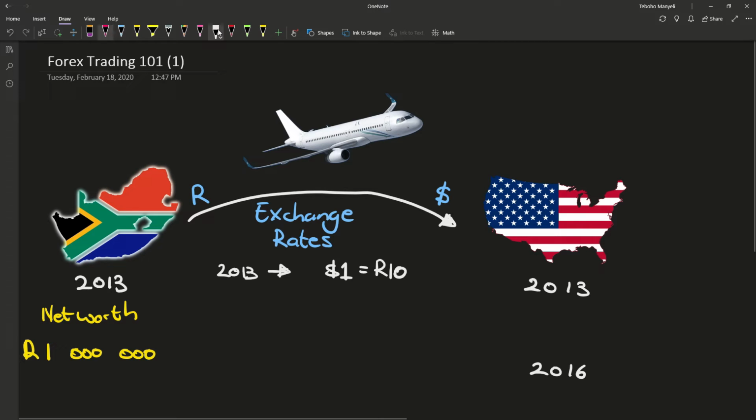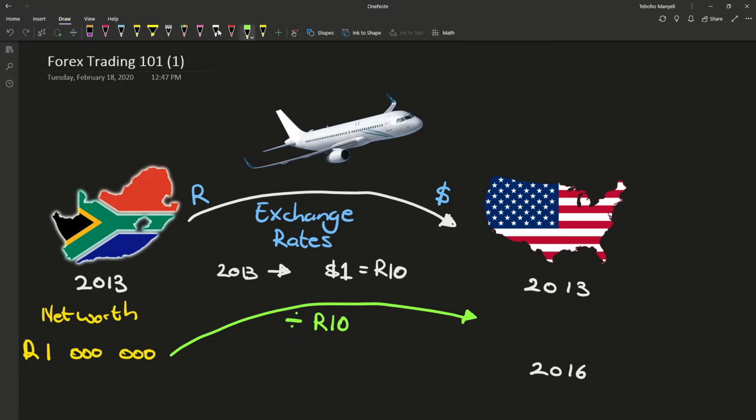Alright? This sort of meant that if you had to move the money from South Africa to America in 2013, you'd have to take that million and divide it by the 10 rands, to get your value in dollars, which would have given you a total of $100,000.